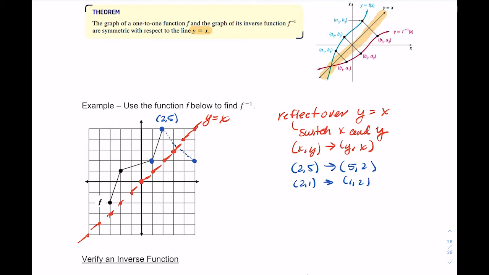Okay, if I take this next point, 1, 2, and switch it around, it becomes 2, 1. And then this point over here in the second quadrant, that's -2, 1. So that's just going to become 1, -2. And then the last point down near the letter F, that's 1, -3, -2.